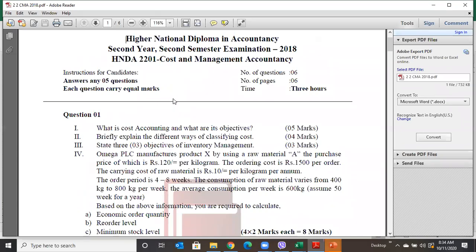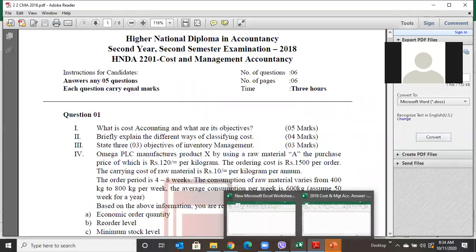Let's see. Question number 1.1. For 5 marks, it is asking what is cost accounting and what are the objectives.